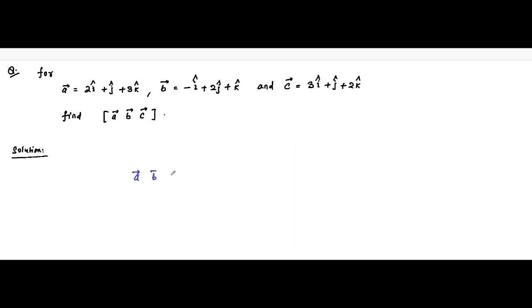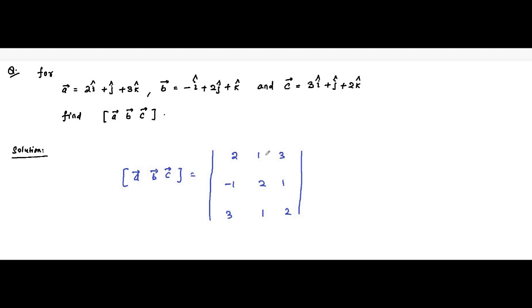The x, y and z components are 2, 1, 3, that is a vector, minus 1, 2, 1, that is b vector, and then 3, 1, 2. Here you can either calculate the determinants directly, or you can use the manipulation of rows and columns to bring zeros, so that the calculation becomes easier. So we can do that also.